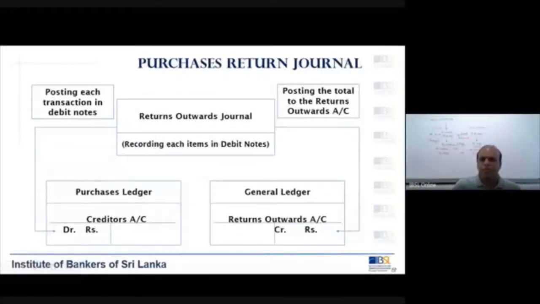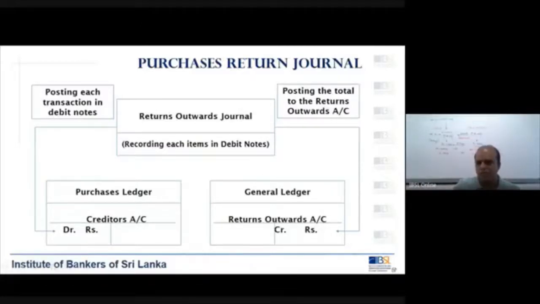Similarly, when you return a purchase, so let's say you have purchased 500 A4 packets. Out of those, 100 packets are damaged, where all the papers are spoiled and you are going to return those 100 packets. So now that is going to be a purchase return, or we call it return outwards.